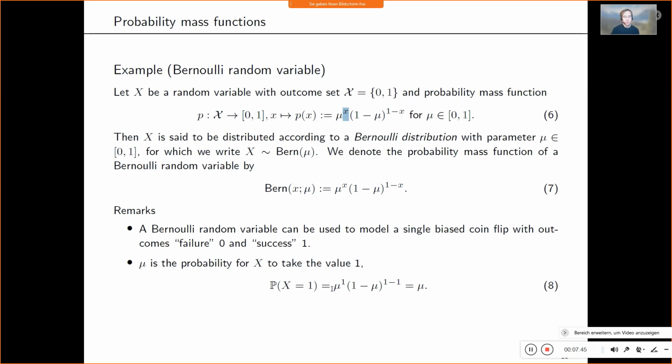For example, if x takes on the value 1, you get mu to the power of 1 times 1 minus mu to the power of 0, which is 1, so you get mu. So mu is the probability for x to take on the value 1. There are things like categorical distributions which are not defined as such, but Bernoulli random variables are defined this way.